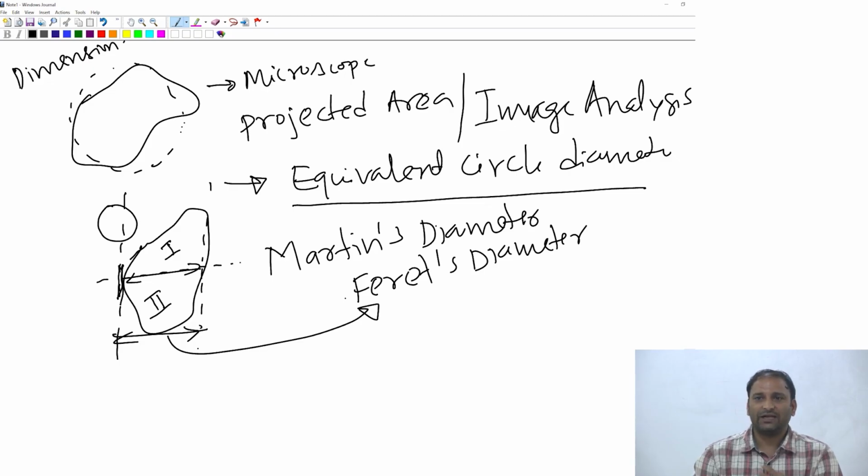But what is the dimension that I have to use for a particular application? It depends on several factors. It would depend on what kind of access I have for a particular technique.